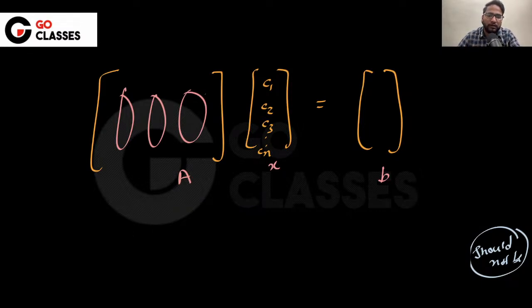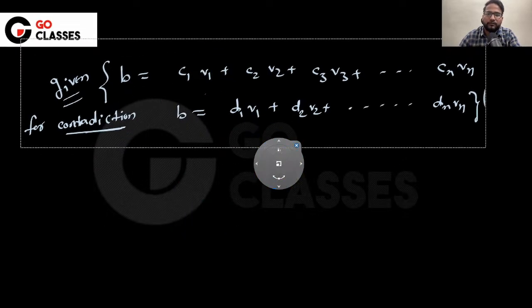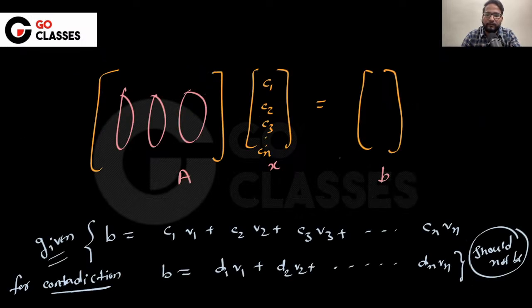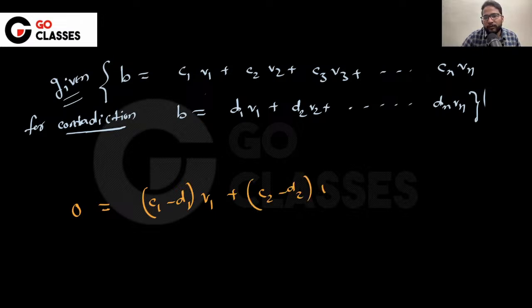So what you need to do, just subtract these two, you will get 0 equal to (C1 minus D1) times B1 plus (C2 minus D2) times B2 and so on up to (Cn minus Dn) times Bn.